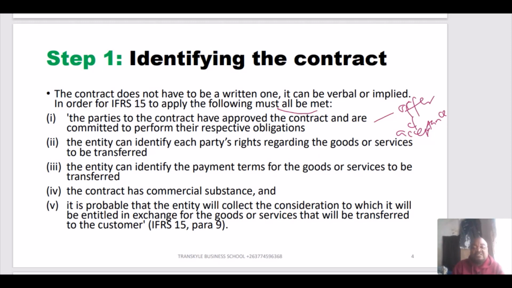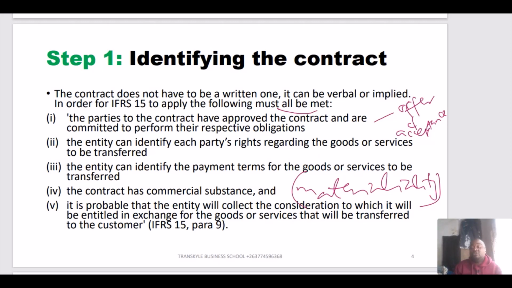The contract has commercial substance. Sometimes there won't be necessity to worry about it when by the end of the day it's something that is so trivial, so insignificant. So the aspect of materiality, there should be some commercial sense.